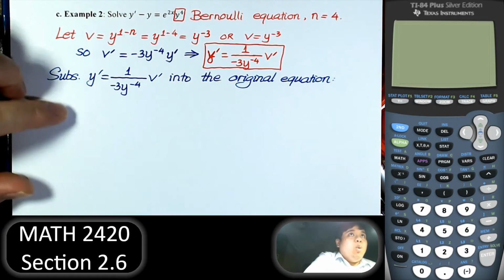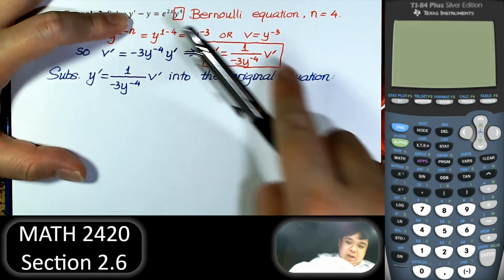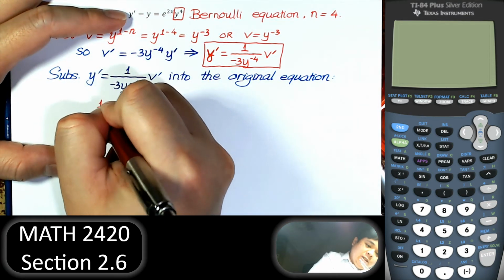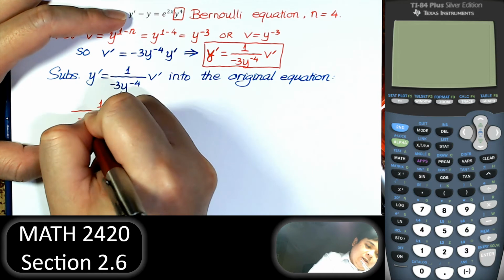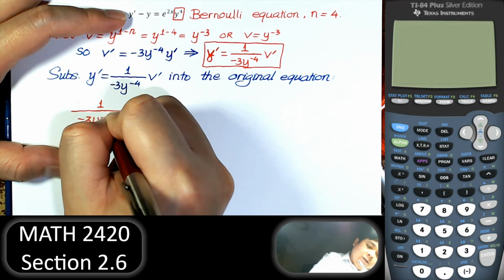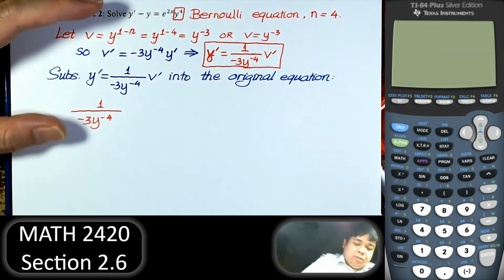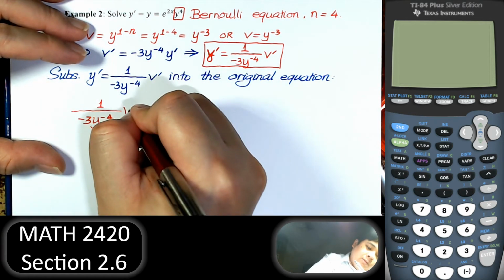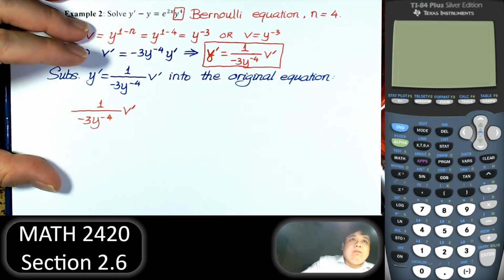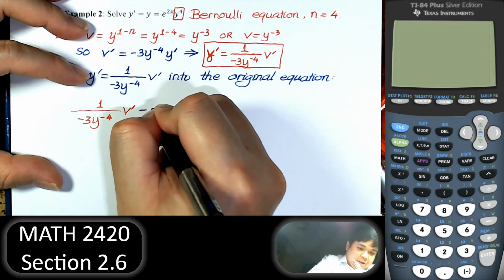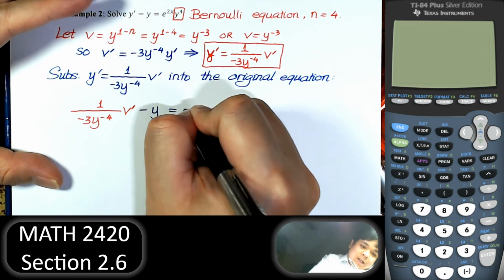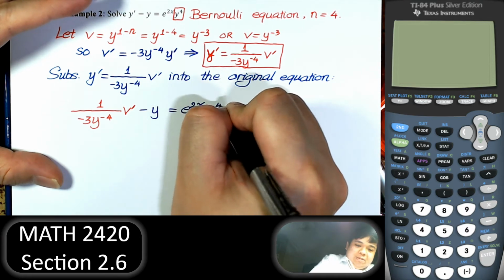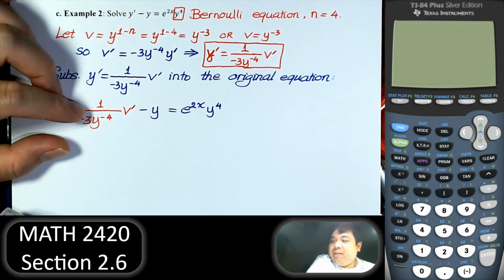When we do that, the y prime becomes this. That's all we need to substitute in. The other part of the equation will stay the same. Right, that's what we have.